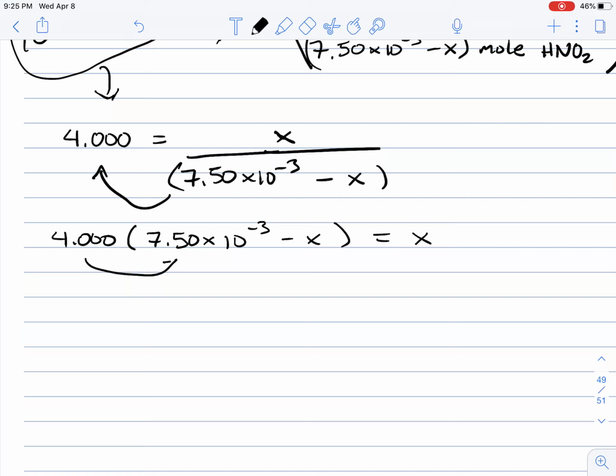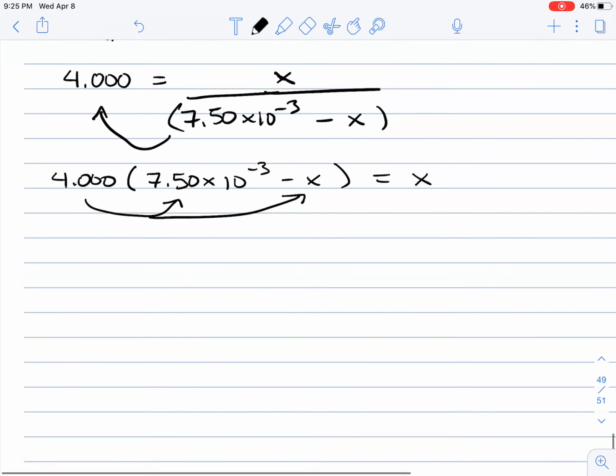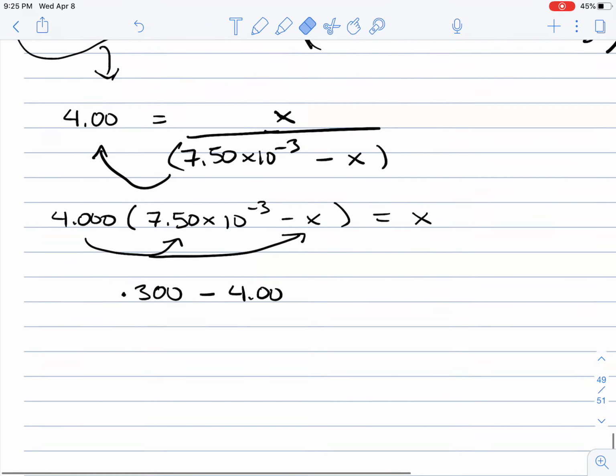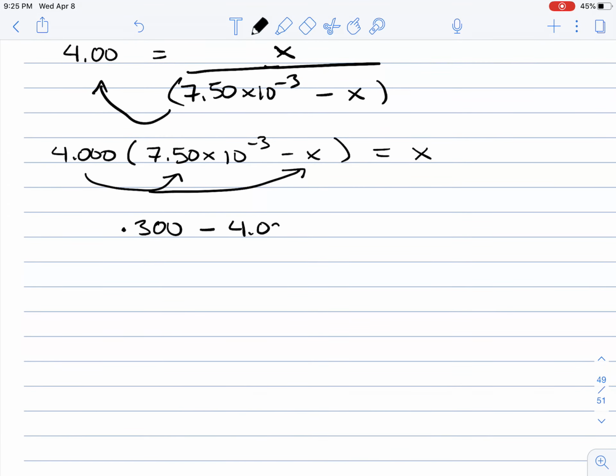You're going to distribute that 4.00 to both of the terms inside the parentheses. What you get is 0.300 minus 4.00x is equal to x.